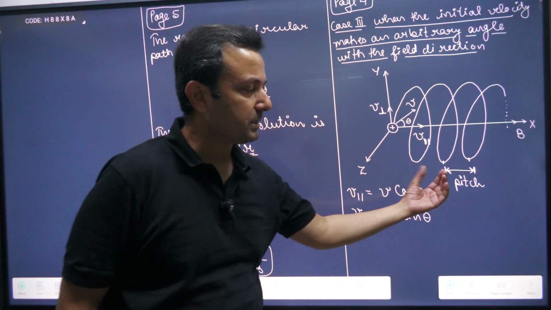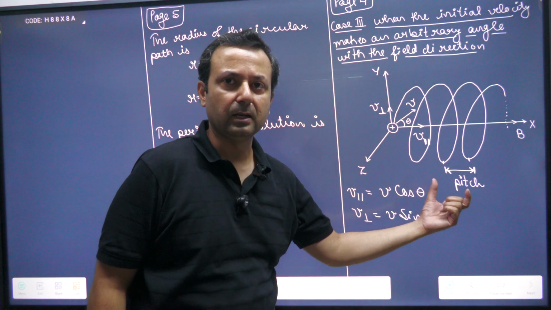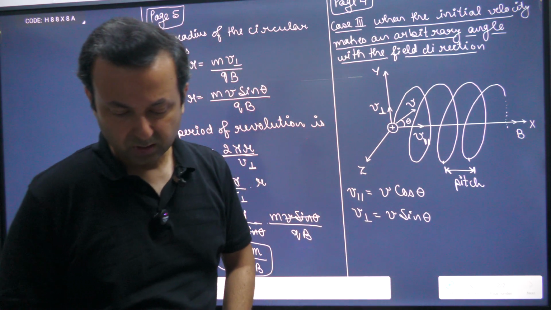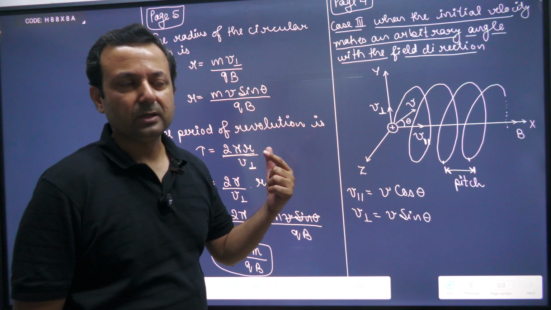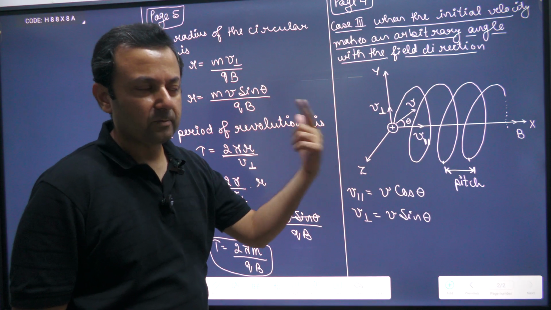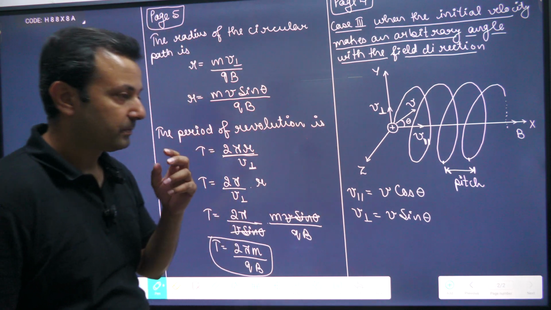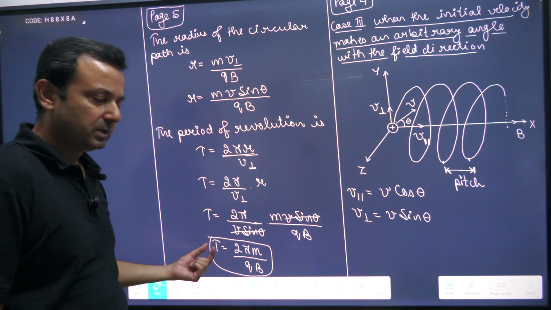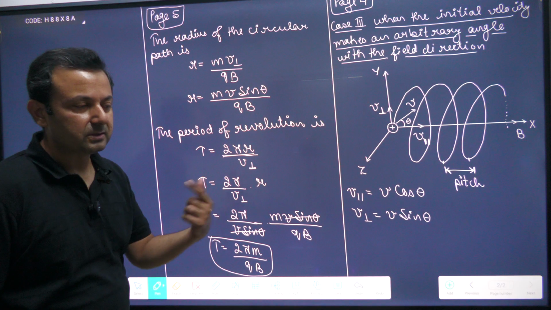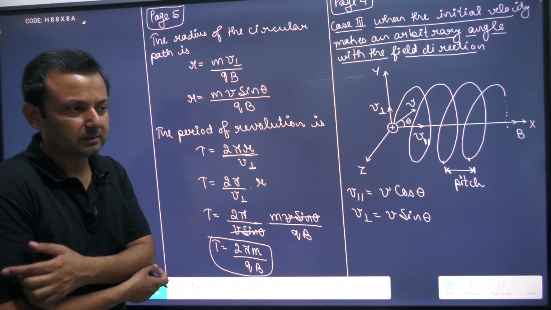The horizontal distance covered by this helix is called its pitch. How much time is taken to complete one circular path? The time period is the time taken in completing one complete cycle.